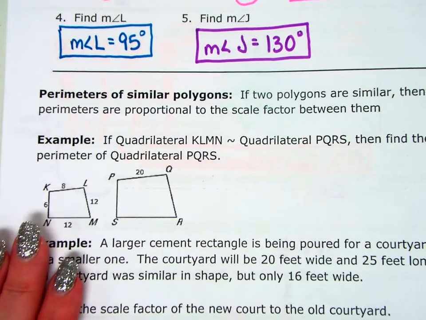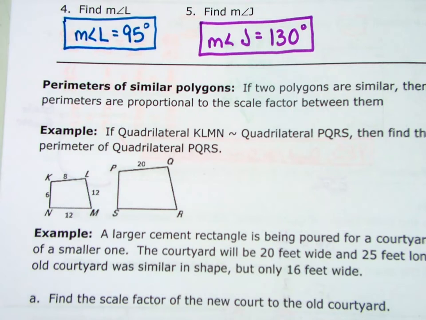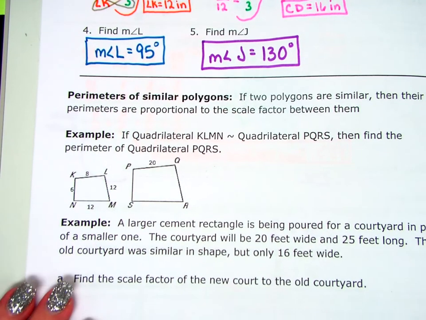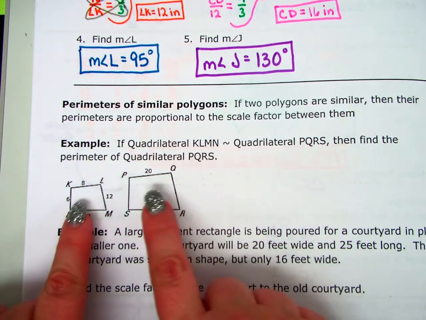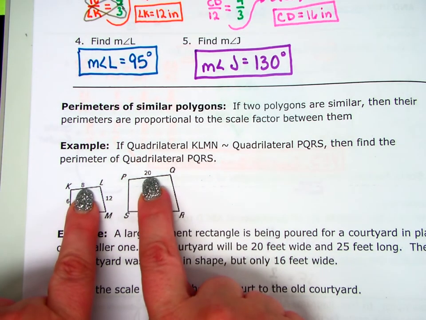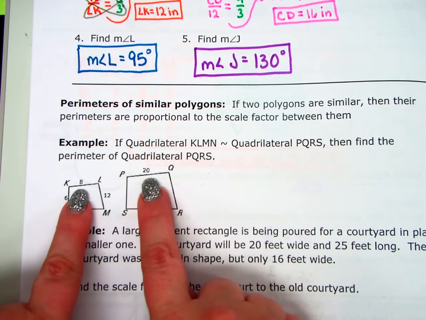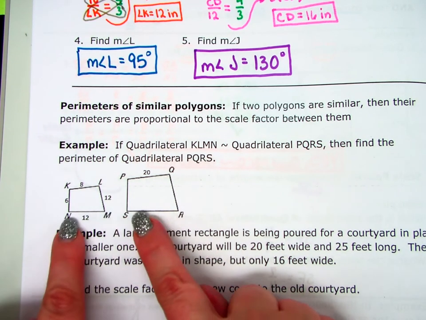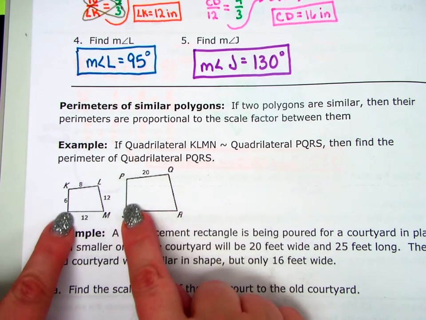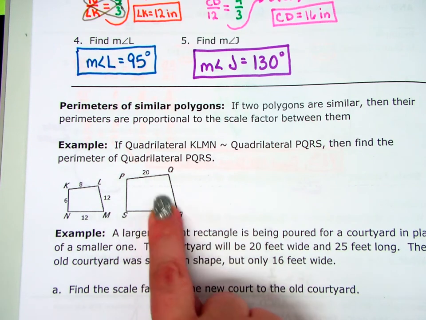Our first example, if quadrilateral KLMN is similar to quadrilateral PQRS, then find the perimeter of quadrilateral PQRS. Now if I didn't know anything about the perimeters being similar, I could set up a proportion here with the 8 and the 20 because KL matches with PQ to find the scale factor, and then once I know the scale factor, I could use that scale factor with sides and missing sides to find all the missing sides, add them all together, and find the perimeter of this bigger figure.